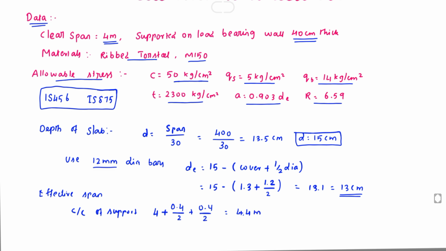Then clear span plus width of the support, also 0.4, that is equal to 4.4. Next, the clear span plus effective depth: the clear span is 4 meter plus effective depth 0.13, so we got 4.13 meter. We have to take the effective span as the least of the three, so the least value is 4.13, so the effective span will be 4.13.